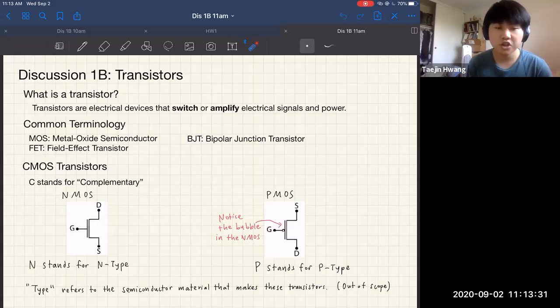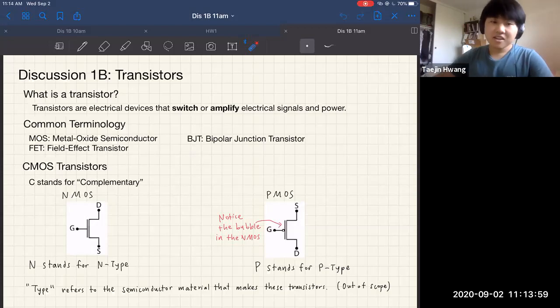And this refers to something related to the electric field for the transistor. I'm not too sure. And then BJT, this is another common one that you might not have seen in lecture, but this will definitely show up in the lab later. The BJT is one of the most important transistors in circuit design. So the BJT stands for the bipolar junction transistor. So if you ever see these abbreviations, these are what they stand for.